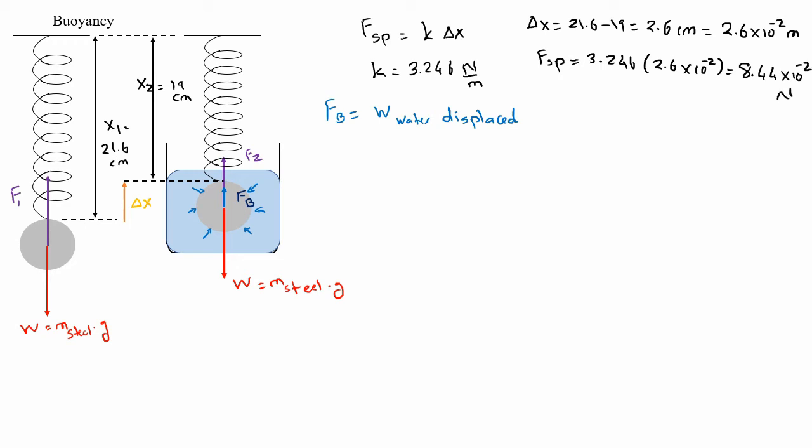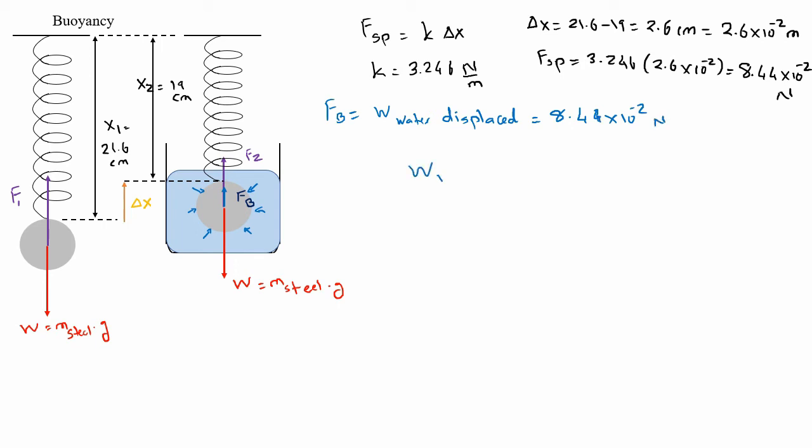So this is the difference, right, between the first force from the spring and the second force from the spring, right? And that difference is caused by the water holding that steel ball up. So FB, which is the weight of the water displaced, is 8.44 times 10 to the negative 2 Newton.